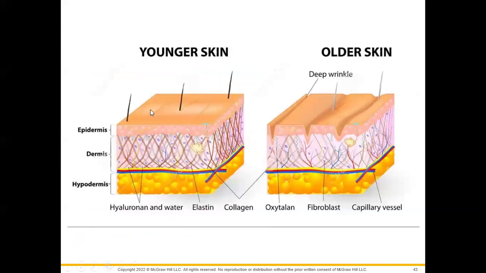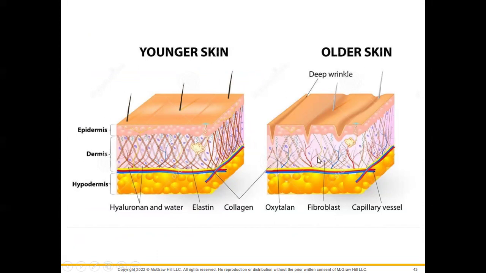So this is younger skin, this is older skin. We see in older skin that deep wrinkling of the skin. We see that lack of melanin production in the hair shaft. We can see that in younger skin, the dermis has hyaluron and water, you have your elastic fibers, you have your collagen fibers. They're plentiful, they're thick, they're robust, and they're holding everything together.